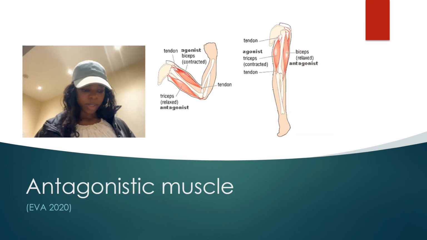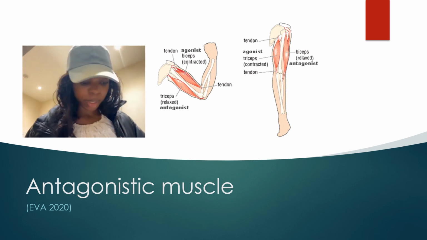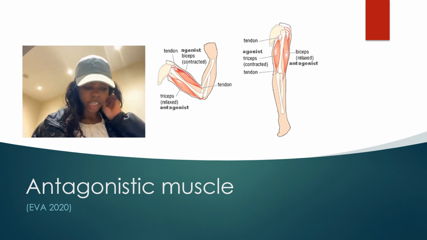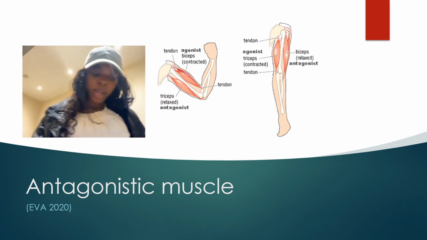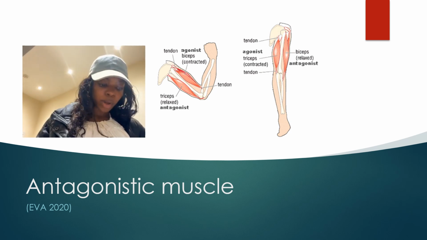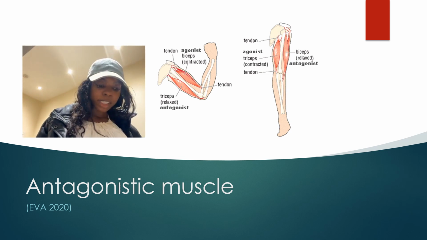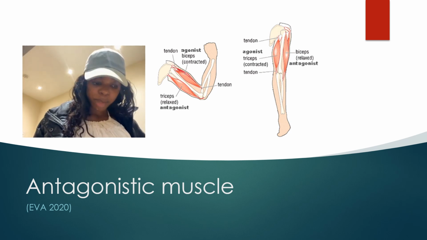Okay, the last one is explaining how antagonist muscles bring about flexion and extension of either the elbow joint or the knee joint. Antagonist muscles work in pairs so that when one muscle contracts, the opposite must relax to allow movement.